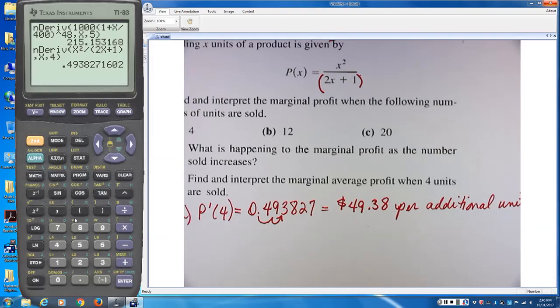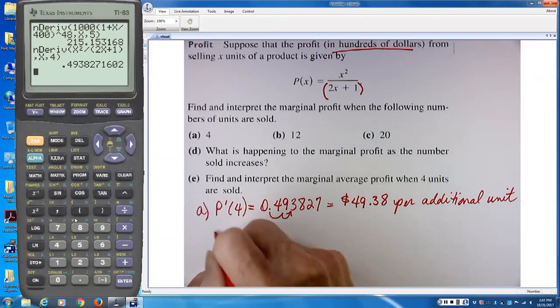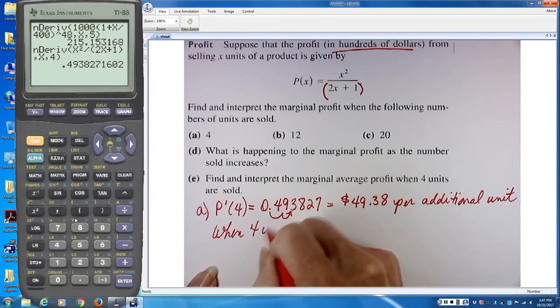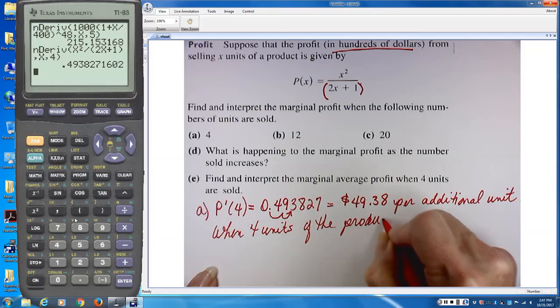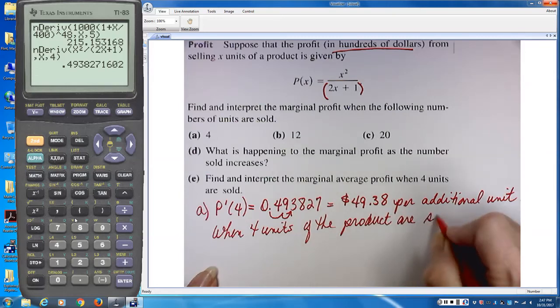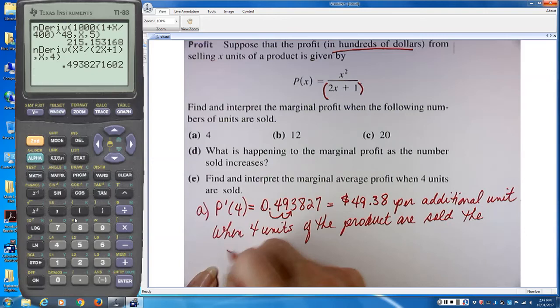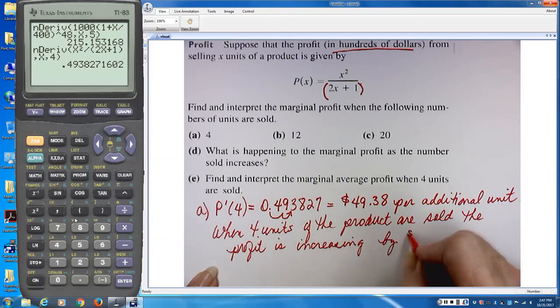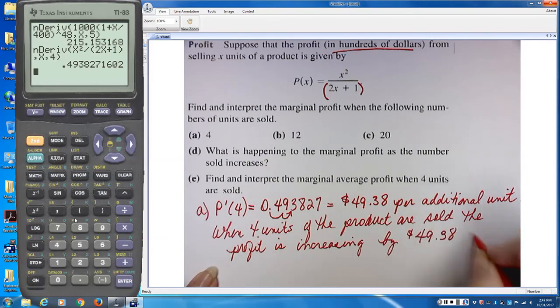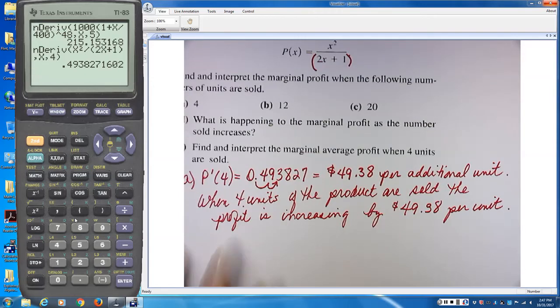So the way that you would interpret that is, when 4 units of the product are sold, the profit is increasing by $49.38 per unit.